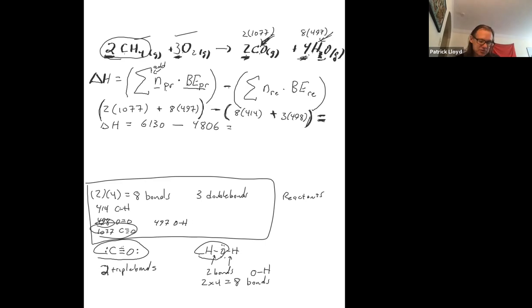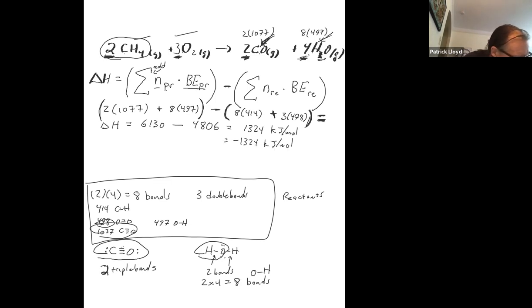So we take that subtraction, and you get 1324 kilojoules per mole. But I made a mistake. It's actually reactants minus products. So remember, A goes to B has the opposite sign of B goes to A. So if we just want the opposite sign, it's actually minus 1324. That would be the correct answer.